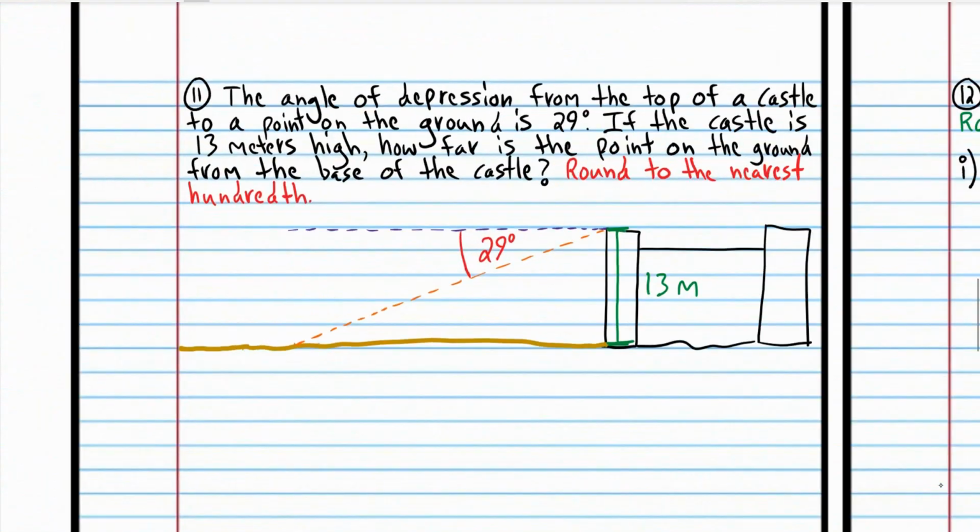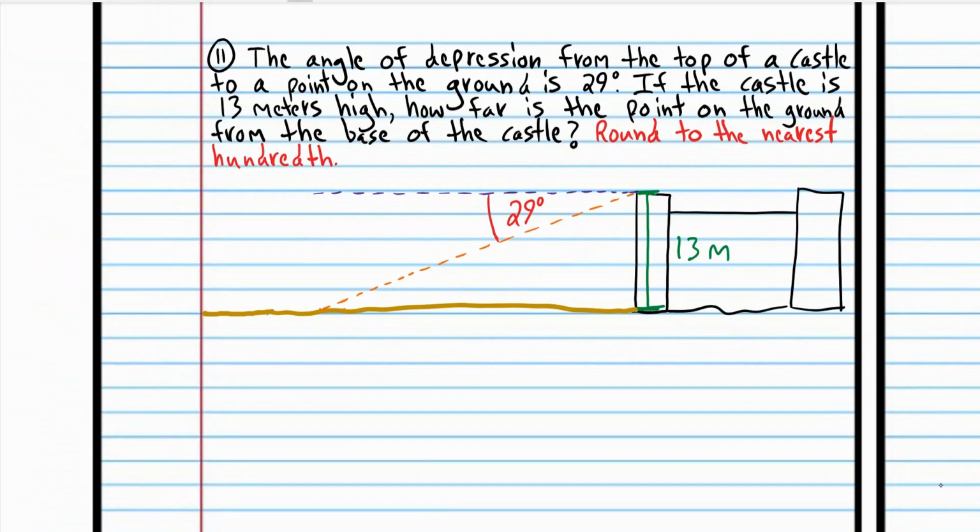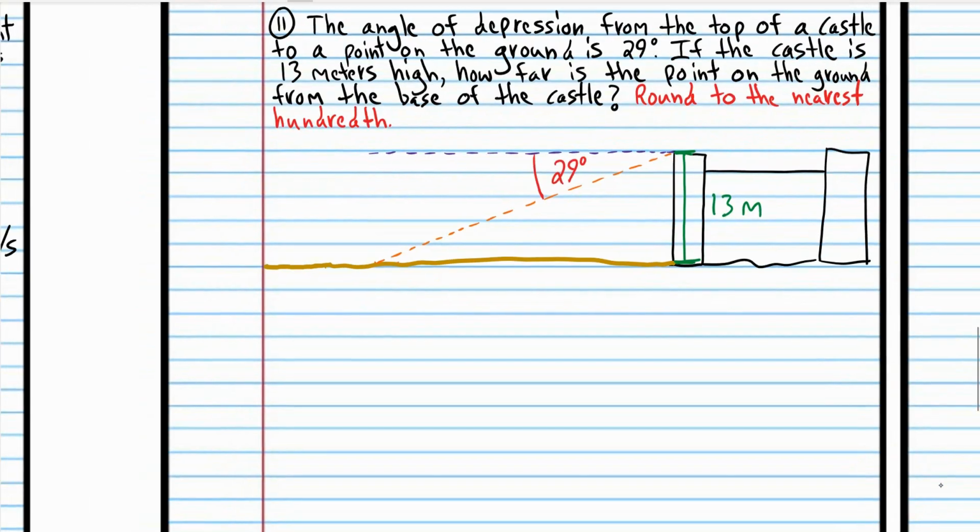Okay, go ahead and try number 11, and when you come back, we'll do it together. Alright, we're back. So remember, we can use this triangle, or we can use this triangle over here. I'm going to use the upper triangle because the angle 29 degrees is already in that triangle, so to speak.